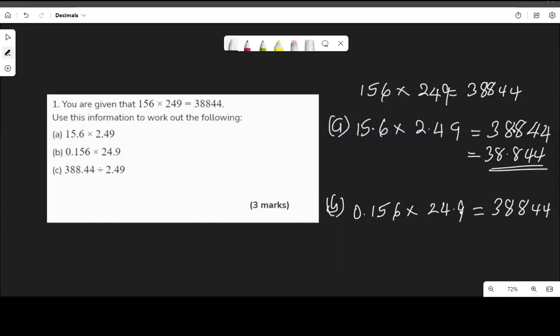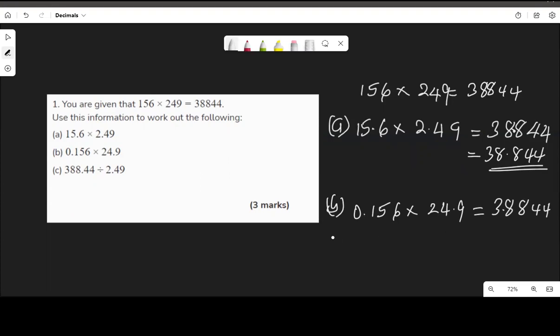Then we count the number of decimal places that we have in the product. 1, 2, 3, and 4. Then we go to the answer and count also 1, 2, 3, and 4. So our answer is 3.8844. Again, if you have your calculator with you, you can confirm the answer will be exactly 3.8844.